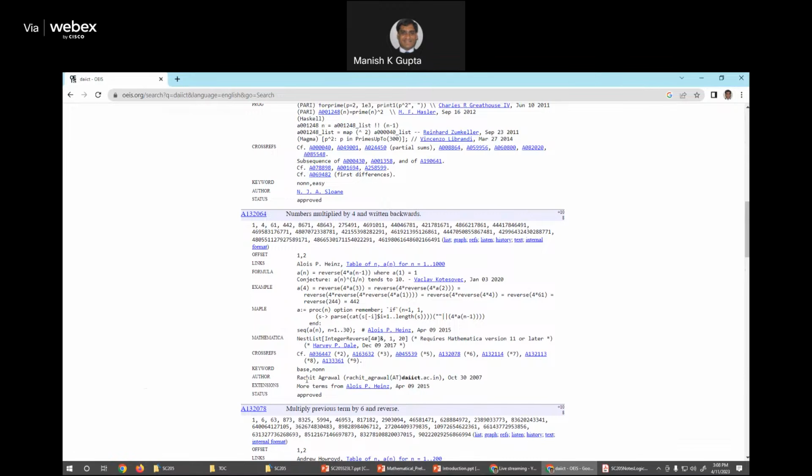Suppose you are doing some work in chemistry, I'm just giving an example, and you encounter some integer sequence in some counting, and someone else is doing some problem in electronics or VLSI design, and he encountered the same sequence. Now if you know how to solve that problem, you can find a solution to the problem here because the integer sequence is the same. So this is where things are connected. There is also an article, Journal of Mathematics, which talks about many things. So I hope you will use this.